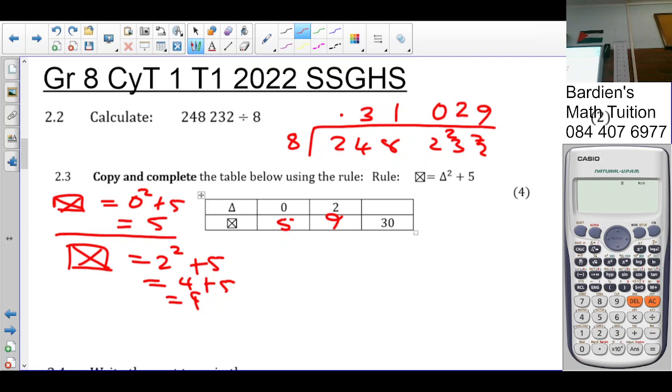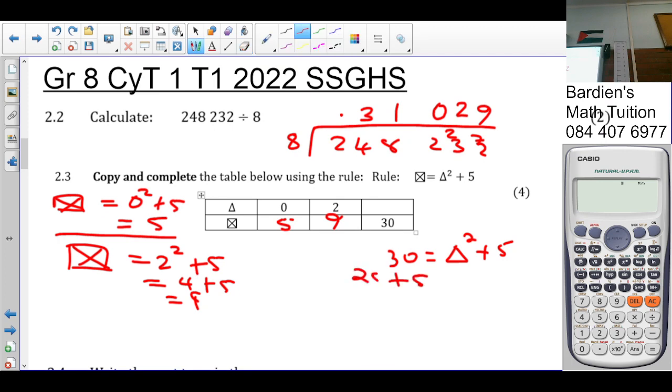Not so? And the last one, the square is 30. It's equal to your triangle, which we're calculating, squared plus 5. So what we do is we break up 30 in such a way that it looks similar to what the other side of the equal sign looks like. So 30 can be written as something plus 5. Not so?